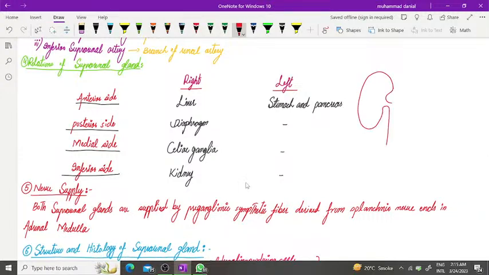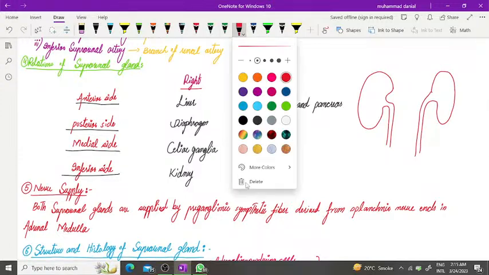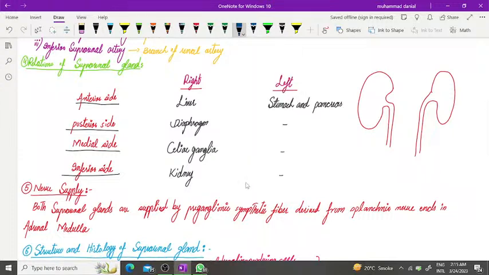These are kidneys, and on the top of kidneys, the adrenal glands are present. This is pyramidal in shape, and this is a bit semi-lunar in shape.